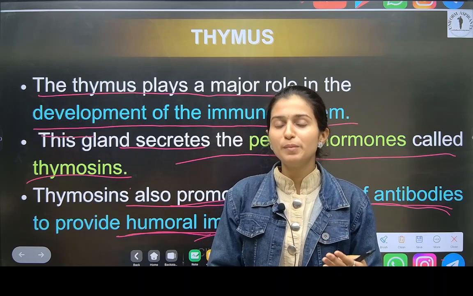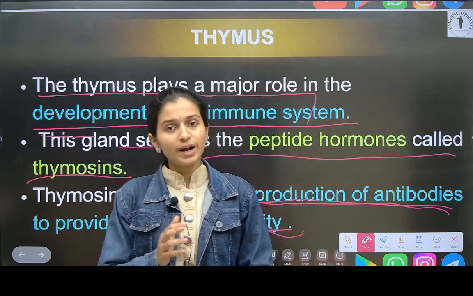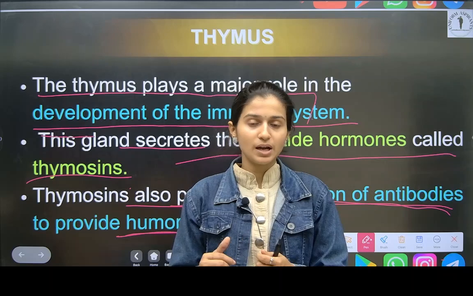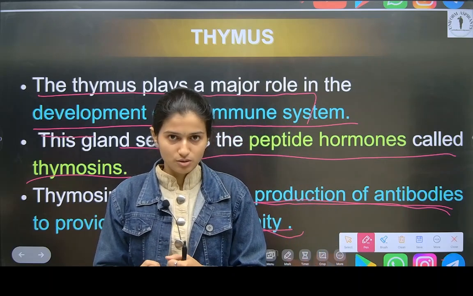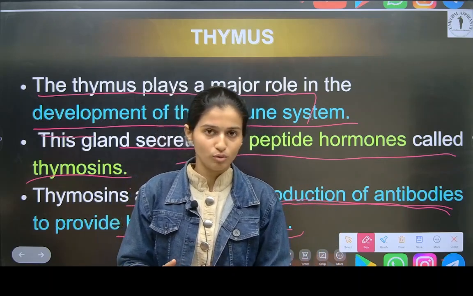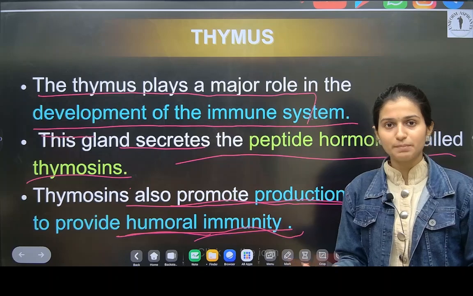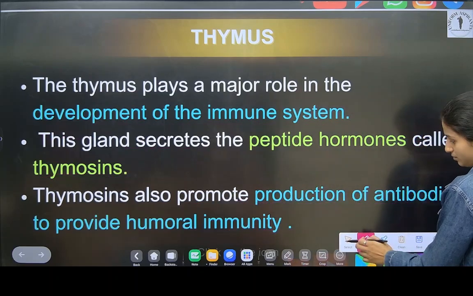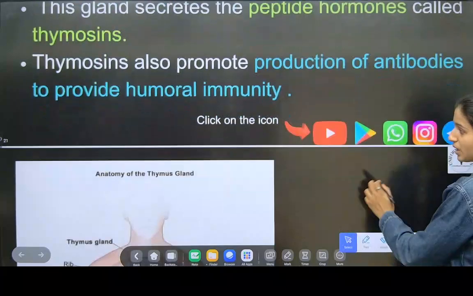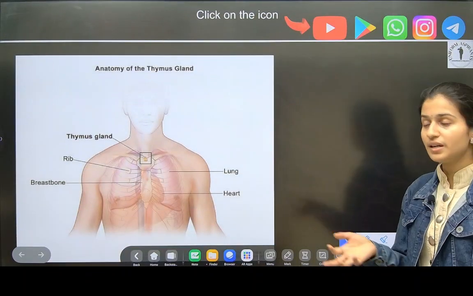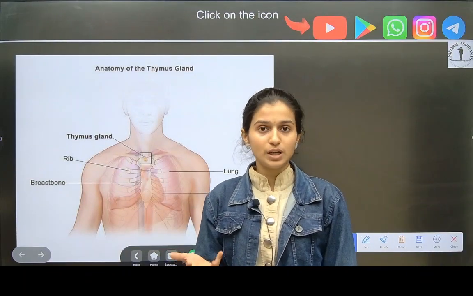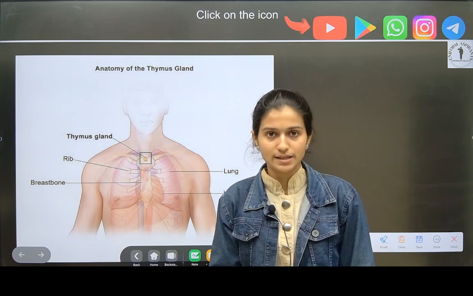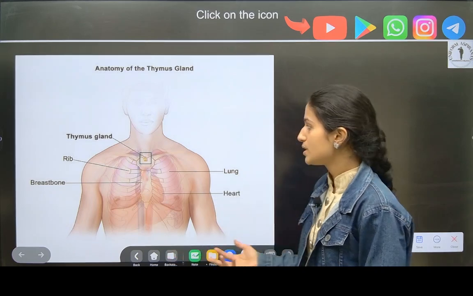Promote it means help it in fighting with the foreign material, fighting with the virus, like cough and cold. Understood the example? Very easy. And I told you that this produces WBC also, like lymphocytes.